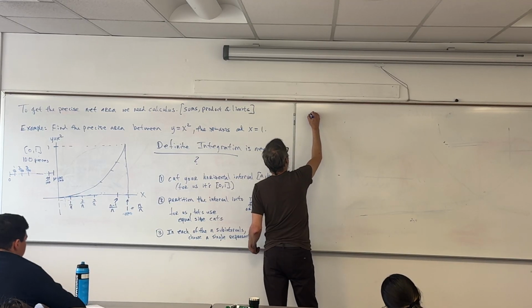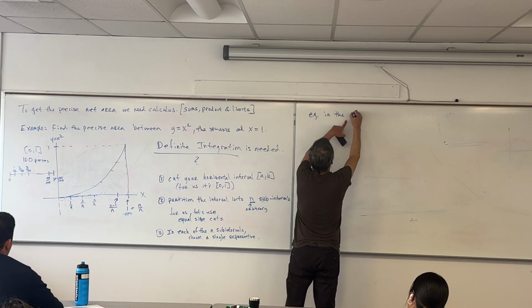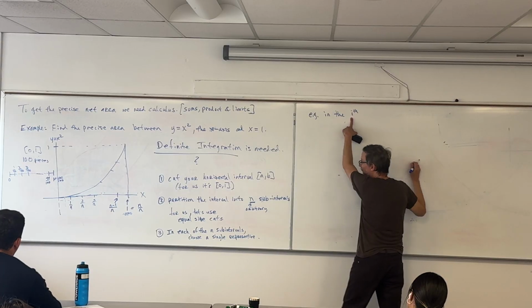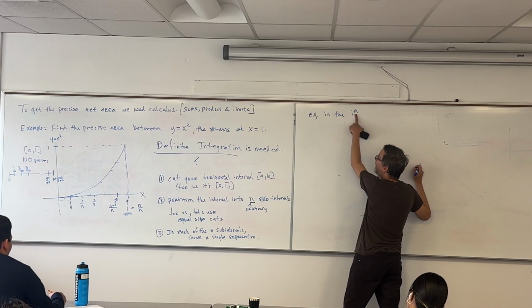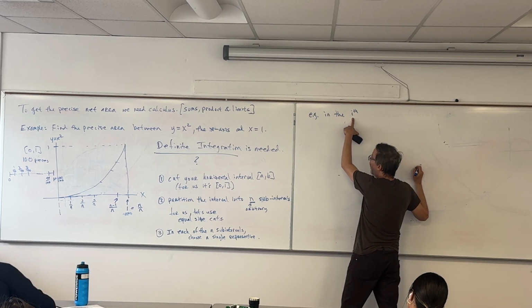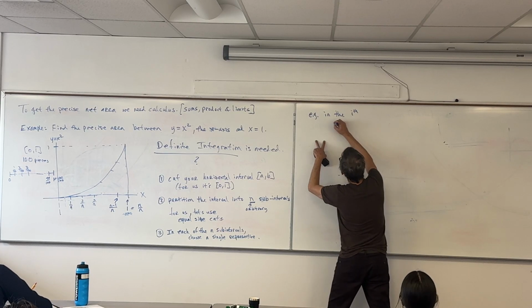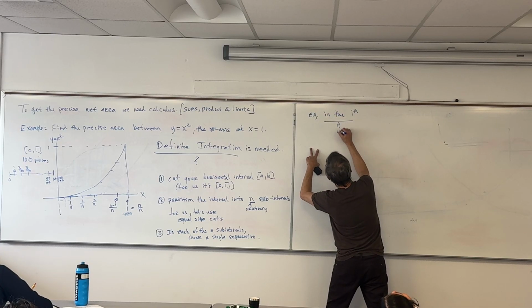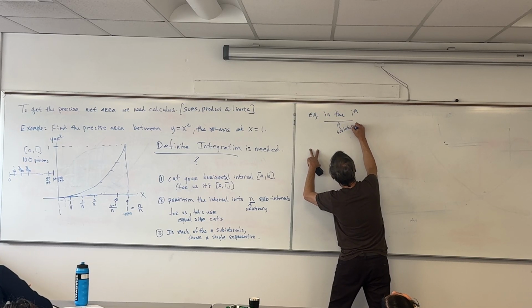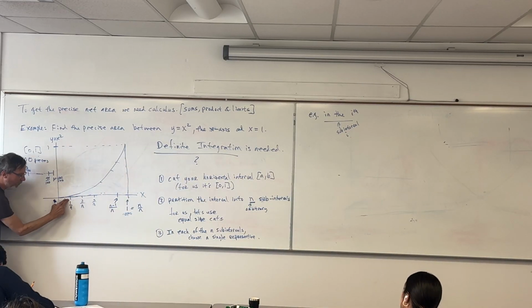So, e.g., in the ith, that is a letter I with a th, subinterval. That could be first, second, third, fourth, fifth, sixth. This is the I. This just means subinterval I. So this is subinterval 1.